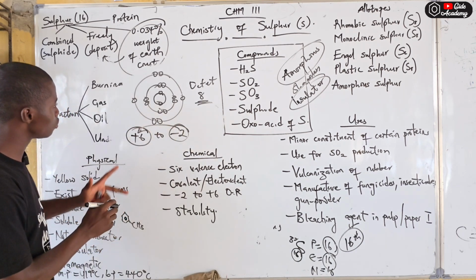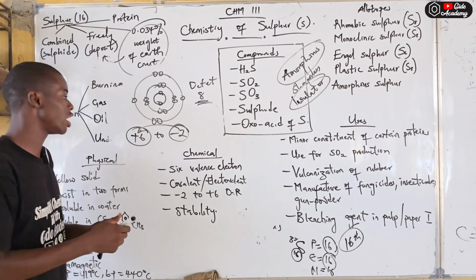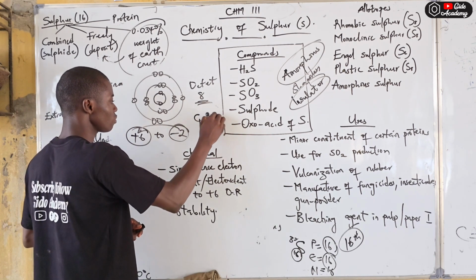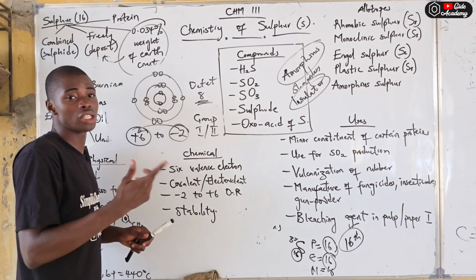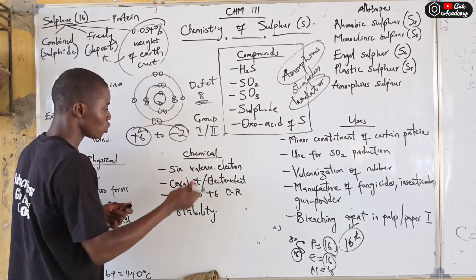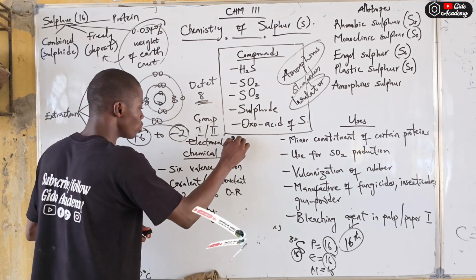Another thing you should take note of is that there are some electropositive elements, such as group 1 and group 2 elements, which can easily donate electrons. They can donate electrons to sulfur, and they will form an electrovalent bond or ionic bond.